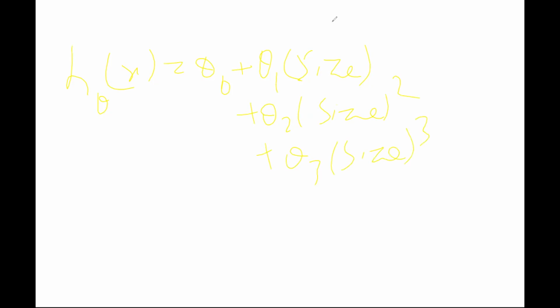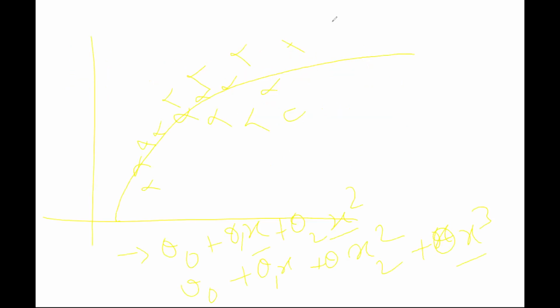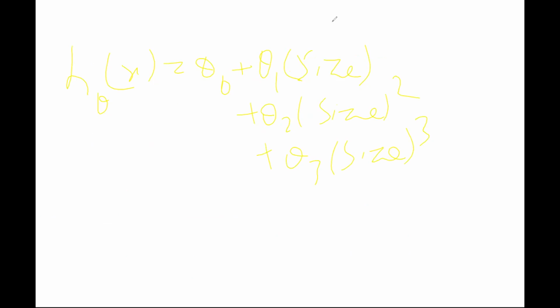This is the purpose for which we use the polynomial function: if my data is not properly fitted with a single line, then let's go to the polynomial form. So I can write it like this also: theta naught plus theta 1 x1 plus theta 2 x2 plus theta 3 x3, where x1 will be size, x2 will be size square, and x3 will be size cube.